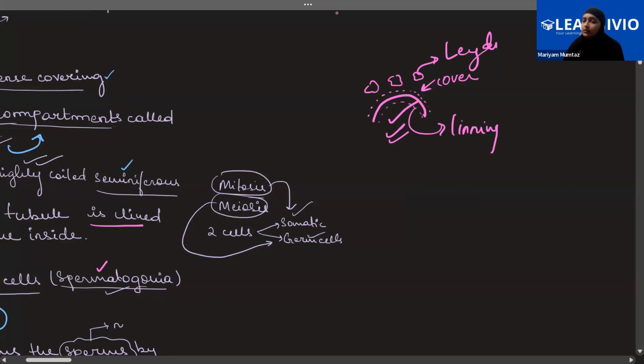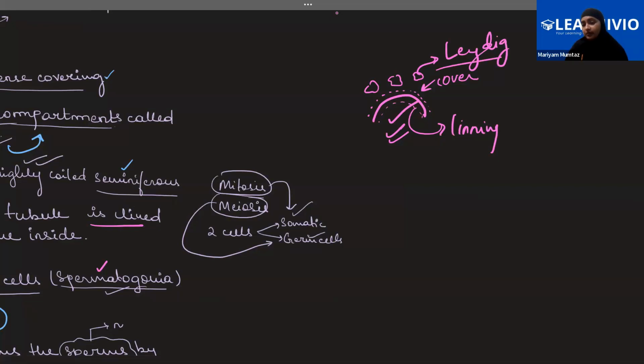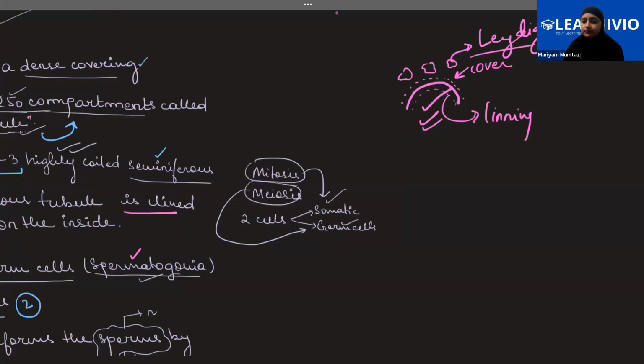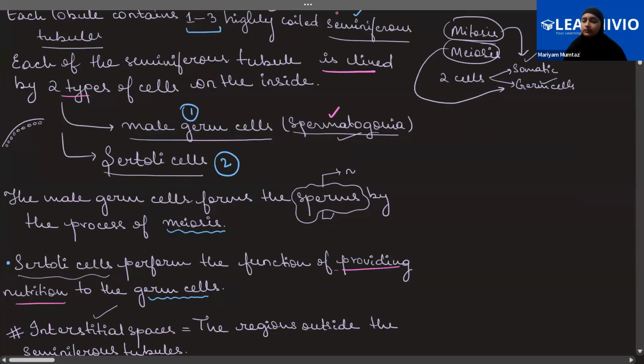Clear? So the hormones that are responsible for male reproduction are synthesized from the Leydig cells. Now you understand how they are present on the outer area and how the gametes are formed towards the inner area. Is it clear? Any doubts up until now?